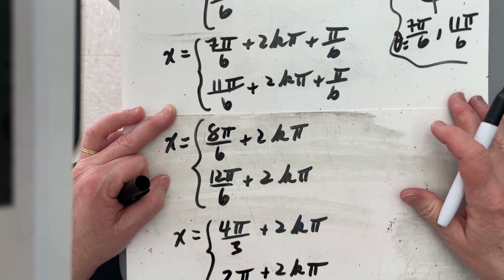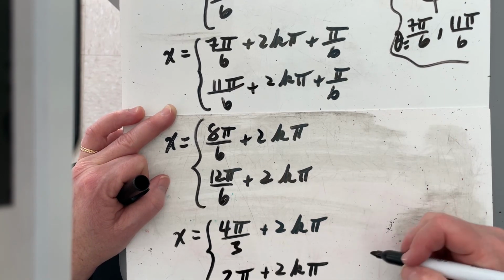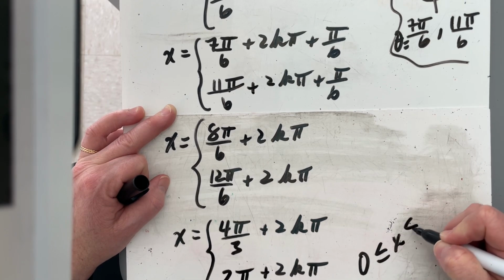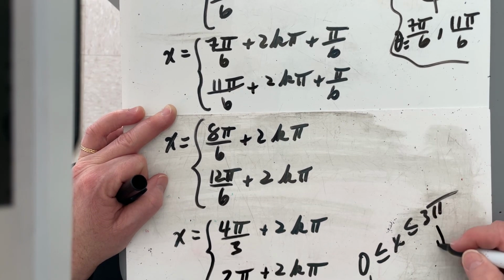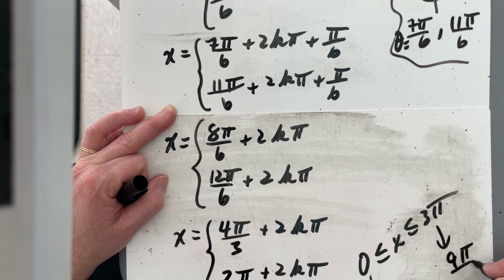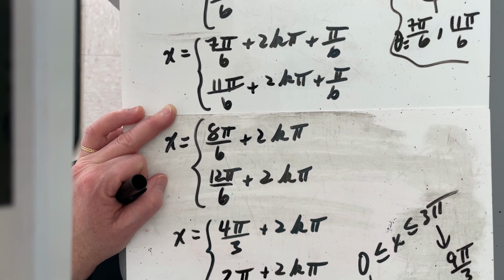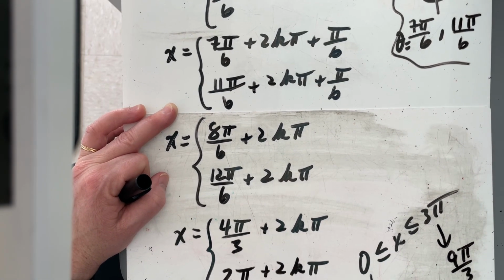All right, so here's our two sets of solutions. We need to be thinking about our restricted domain between 0 and 3 pi. So if we put these as equivalent fractions over 3, this would be 0 pi over 3, or 0, and this would be 9 pi over 3, which is equal to 3 pi. All right, move up again.